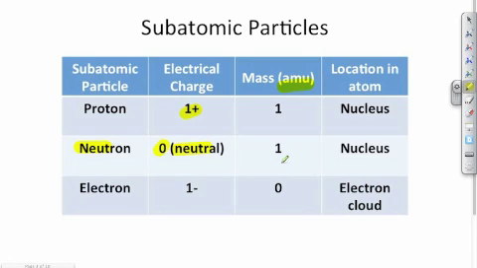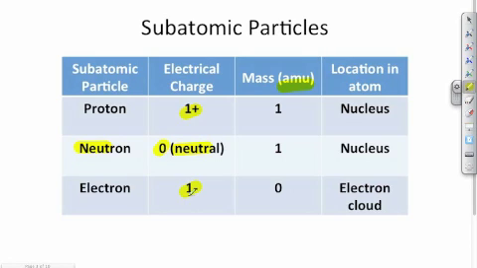It is the smallest of all the subatomic particles, and it has a charge of 1 negative, or negative 1. And the reason why that's important is we saw in the animation on the previous slide, those electrons are moving, but they kind of stay around the nucleus.